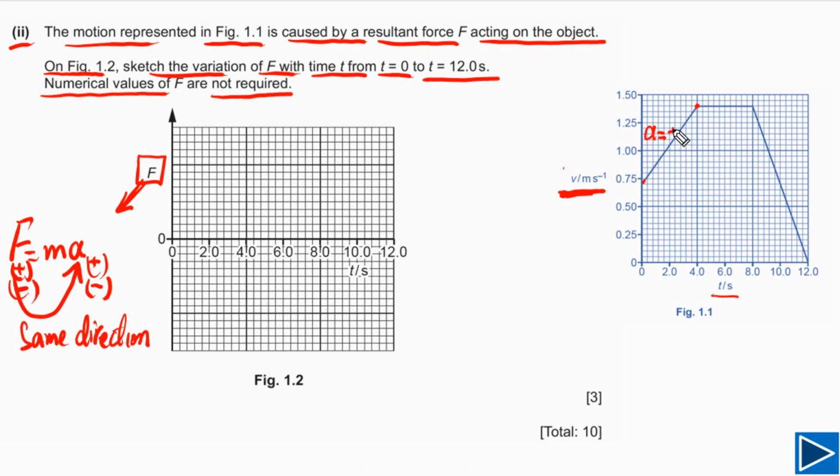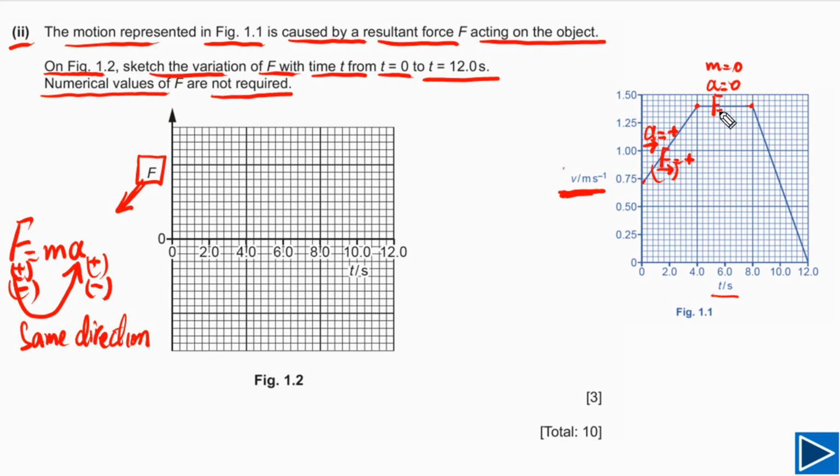So it simply means that acceleration is constant and positive. We can also say in this case the force, meaning the resultant force, is positive and constant. If we look at the second part, we can find that acceleration is 0 because the gradient of this line is 0.